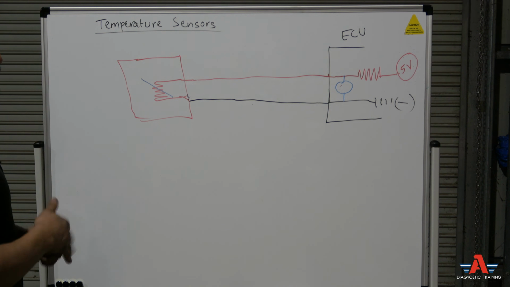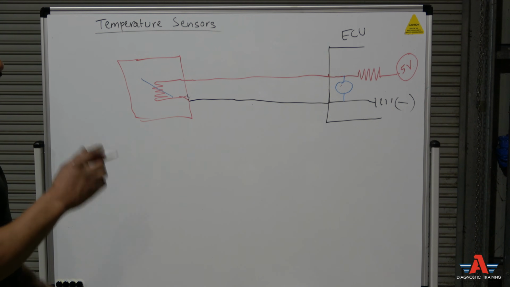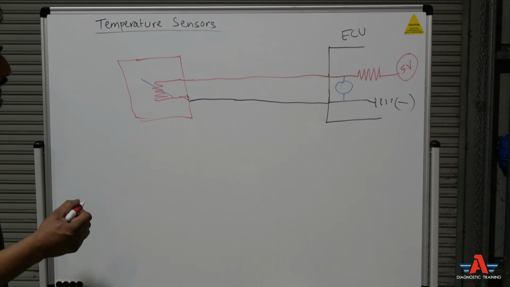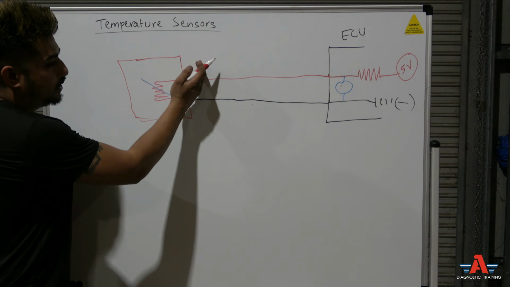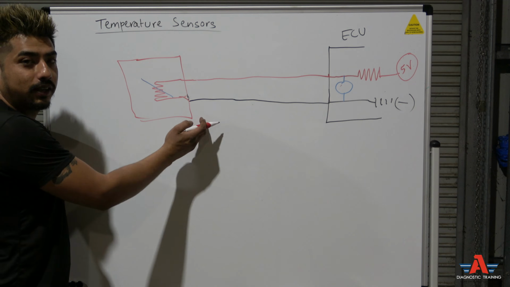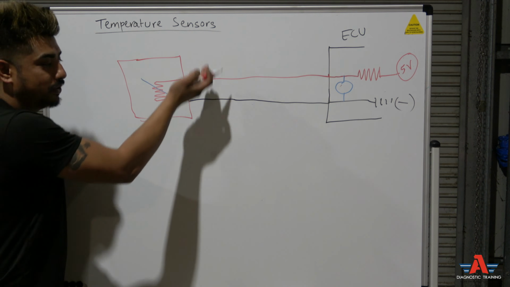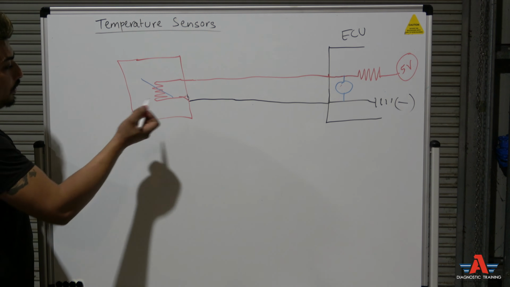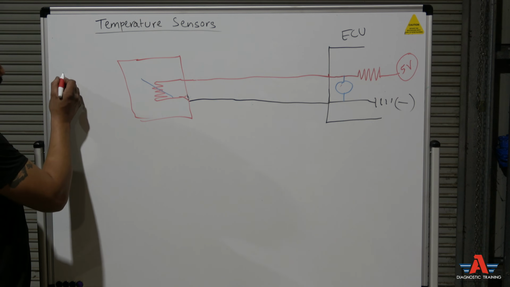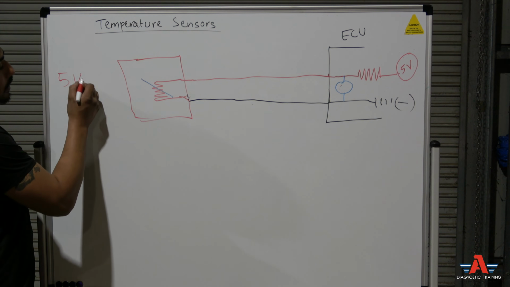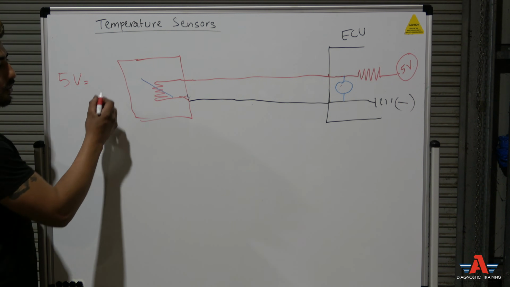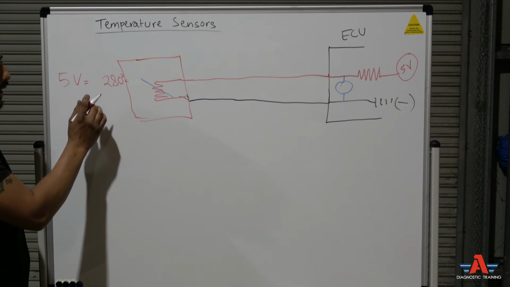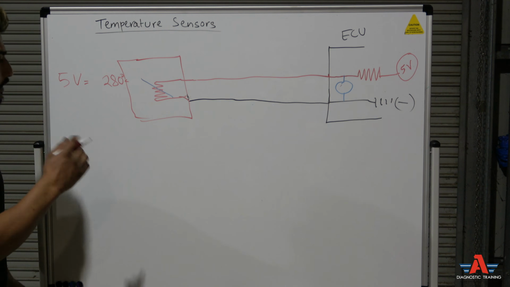Now, usually, this is what I see on cars. This is a 0 to 5 volt sensor, because we've got the 5 volt reference voltage, so it's going to be 0 to 5 volt data reading. So I have seen on cars, 5 volt means, I think it's like 280 degrees Celsius, something like that. I could be wrong a little bit there, guys, but it's going to be up there, 200 plus degrees Celsius.